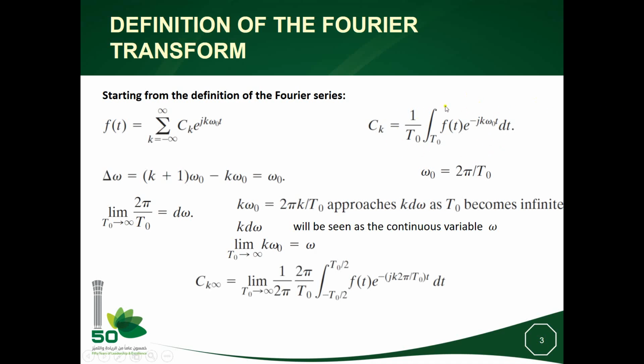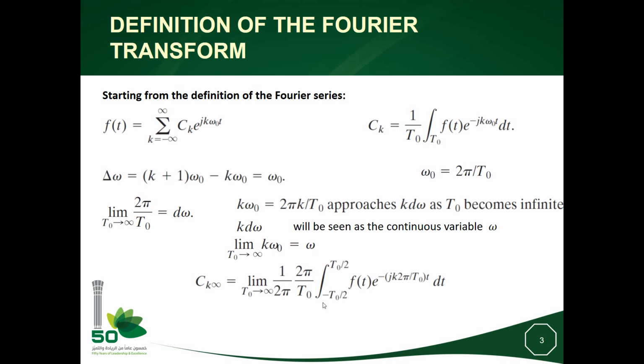c_k takes the new formulation. So 1 over T0, I will multiply by 2 pi and divide by 2 pi, and the integration over one period I will take from minus T0 over 2 to plus T0 over 2.